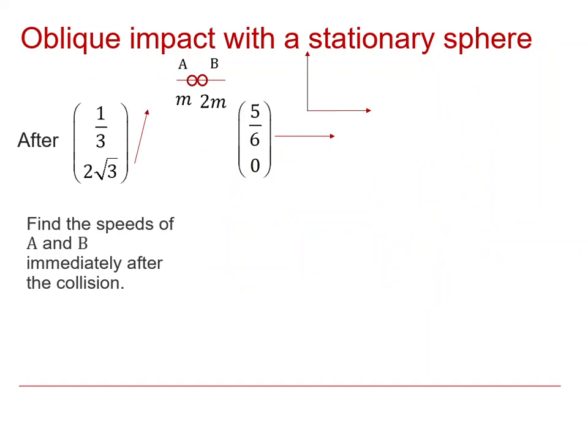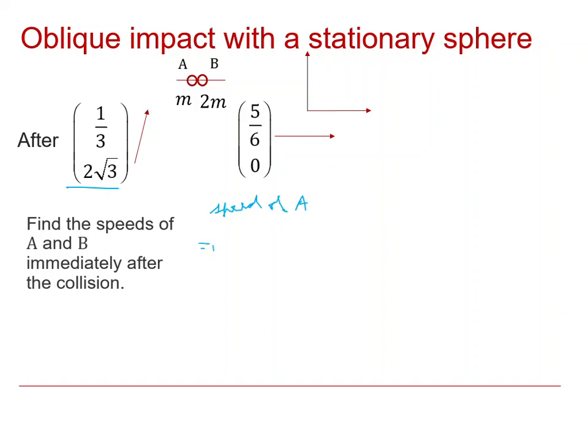So that's just the transcription from the previous slide of the values with the answers in. So now we have to find the speeds of A and B. Well, the speed of A is just the magnitude of the vector that we've got there.